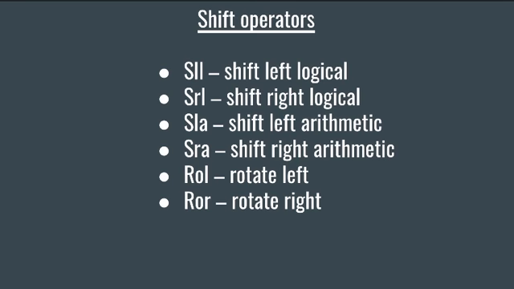We have SLL, which means shift left logical; SRL, shift right logical; SLA, shift left arithmetic; SRA, shift right arithmetic; ROL means rotate left, and ROR means rotate right. These are the shift operators we have seen in VHDL.